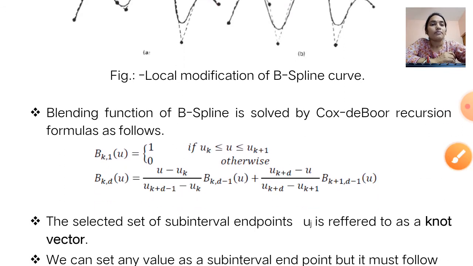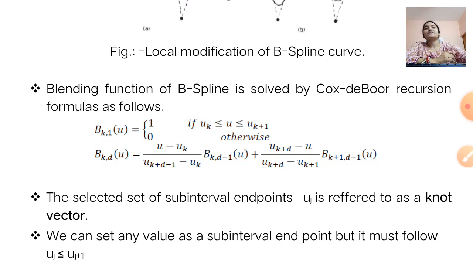So now the blending function of B-spline is solved using the Cox-de Boor recursion formula. The Cox-de Boor recursion formula is: B_{k,1}(u) equals either 1 or 0.